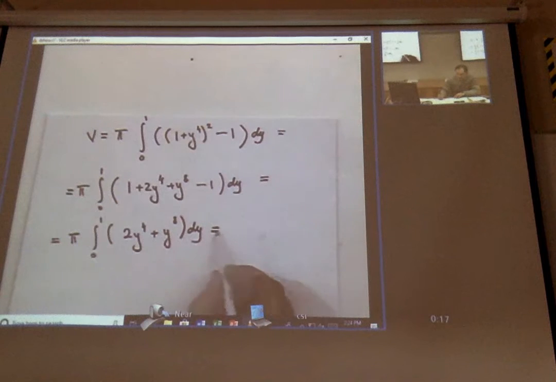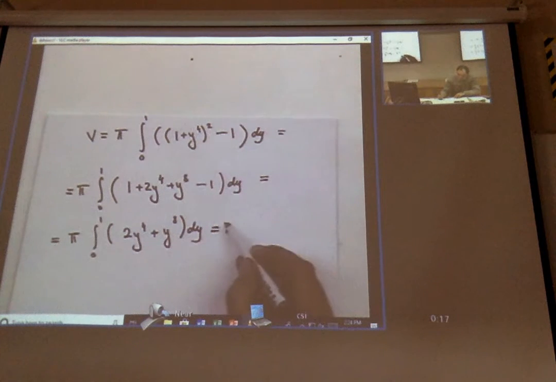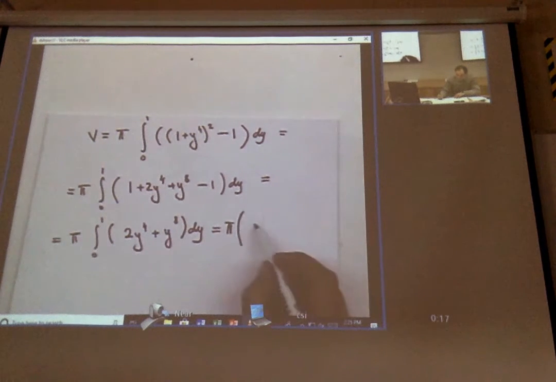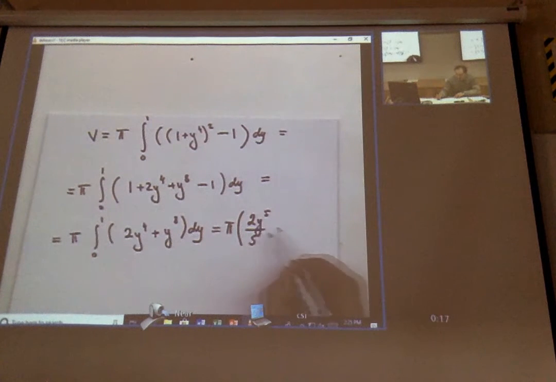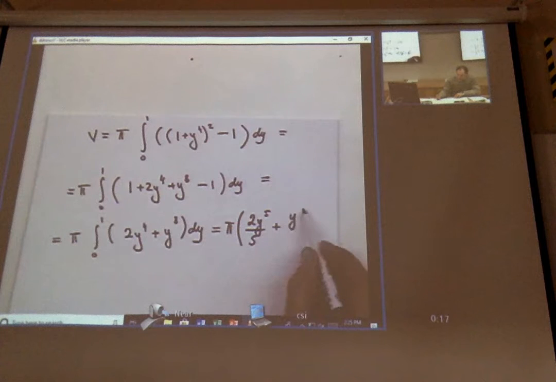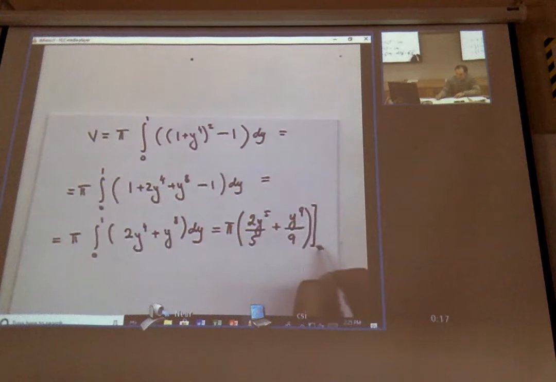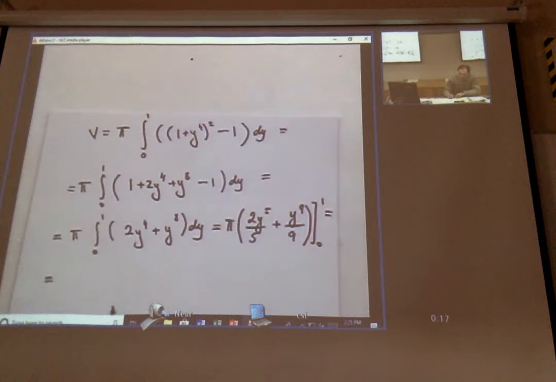All right, so now we're ready for the antiderivative. So we have here 2y to the 5th over 5 plus y to the 9th over 9 from 0 to 1. So pi, substitution of 1, so 2 over 5 plus 1 over 9. If you substitute 0, you'll get 0.